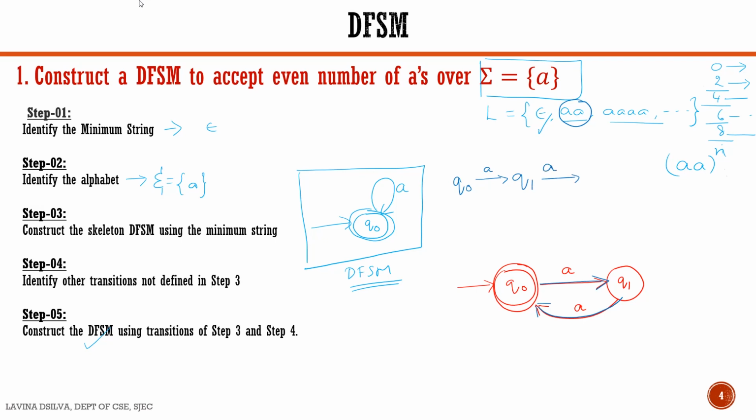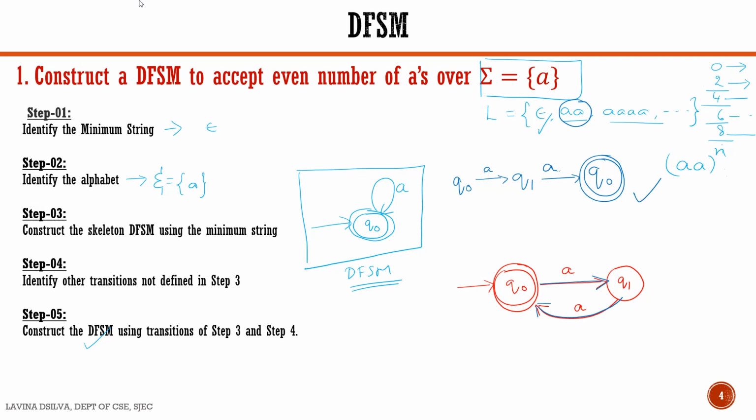On Q1, we saw A and we went back to state Q0. Now when we finished traversing this string and reached a state, we know that Q0 is a final state.